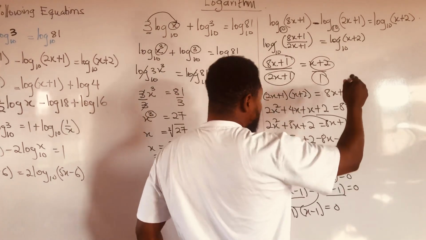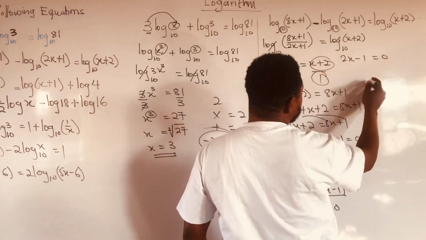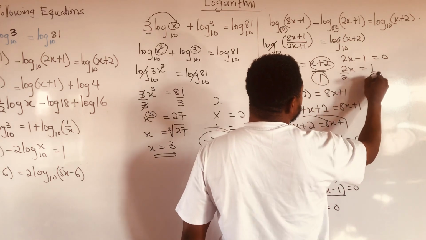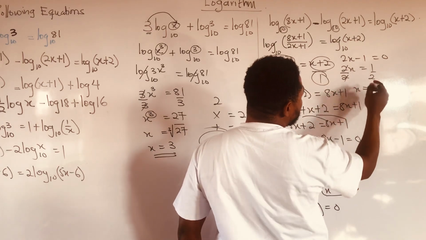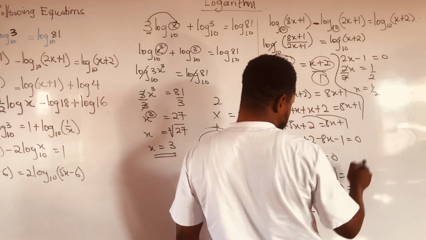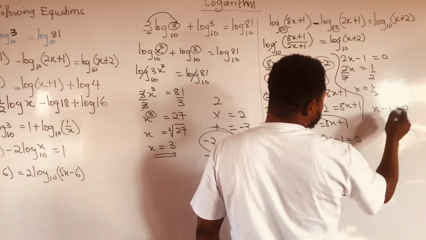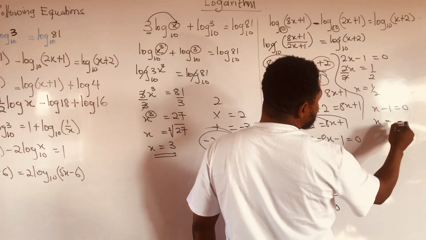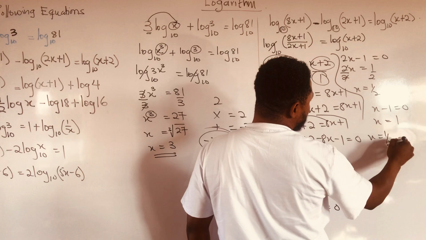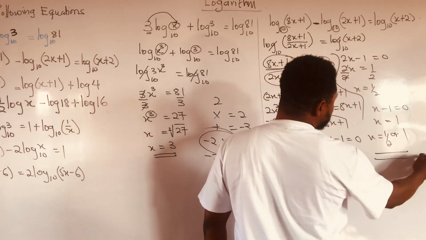At this level, we pick each of them and equate it to 0. Then we find our x. So x will be equal to half. The next one, which we have x minus 1 equal to 0, we are going to have x equal to 1. Therefore, x equal to 1 over 2 or positive 1, as you can see.